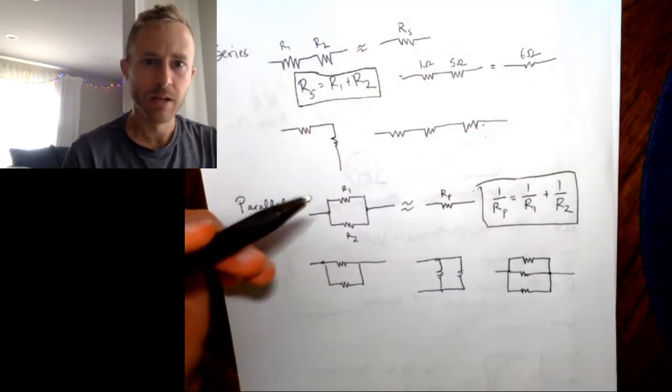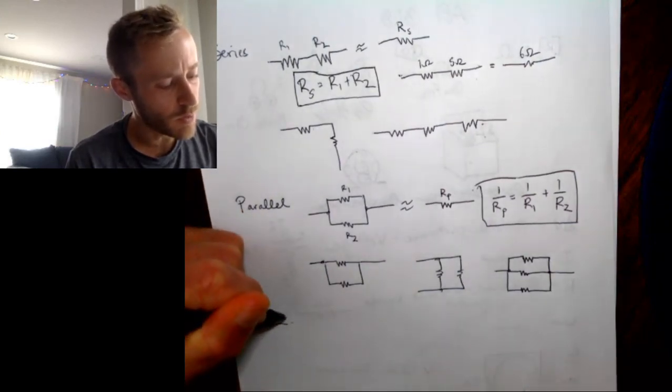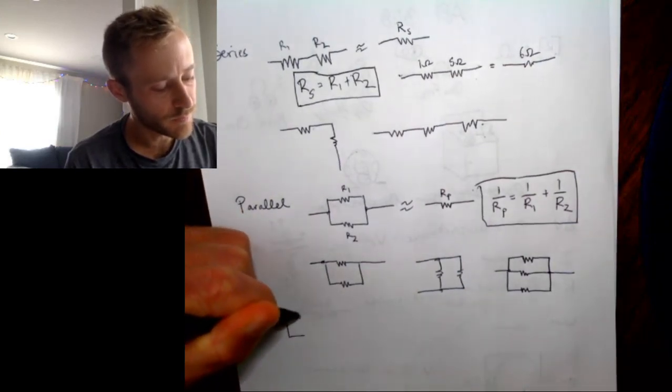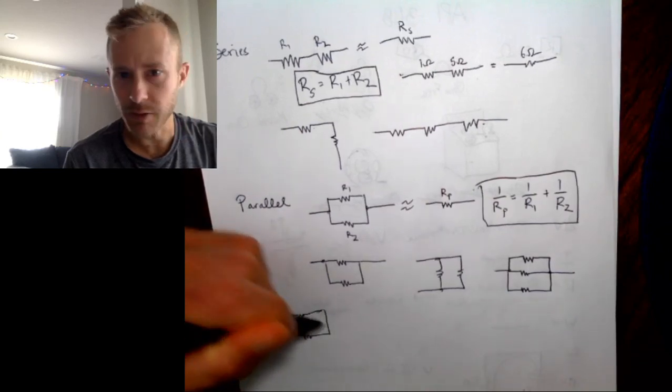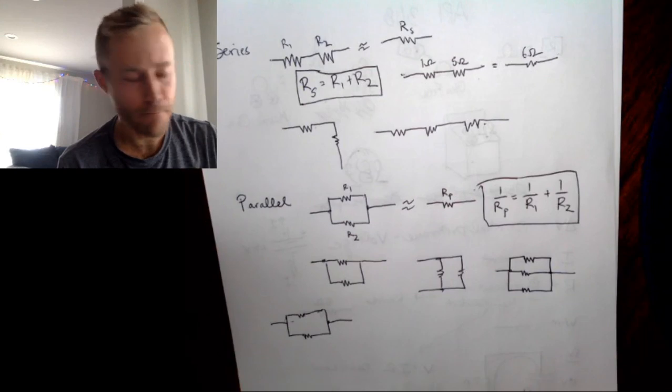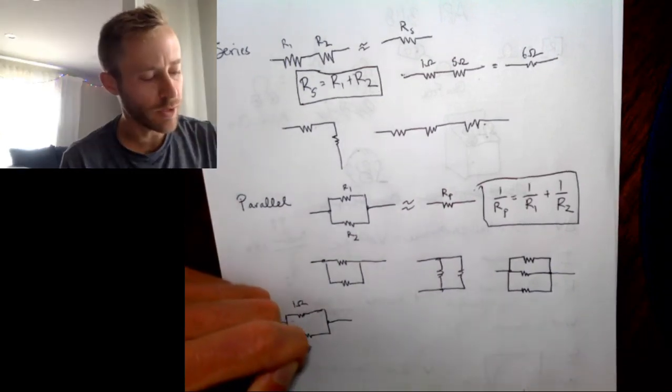Okay? So that's parallel. What if we had a 1 ohm and a 1 ohm resistor in parallel? Okay? So we have 1 ohms and 1 ohms. What is that equivalent to?